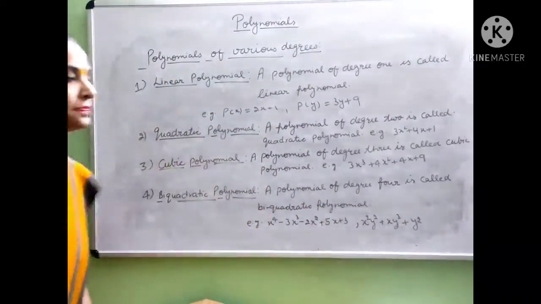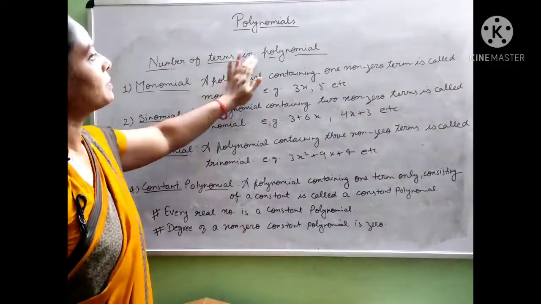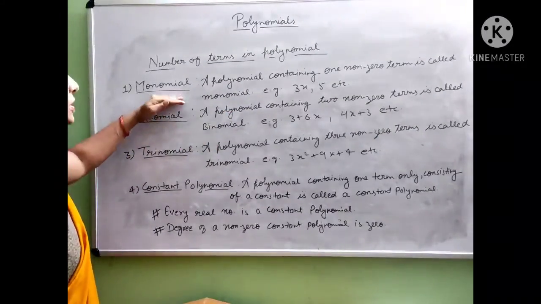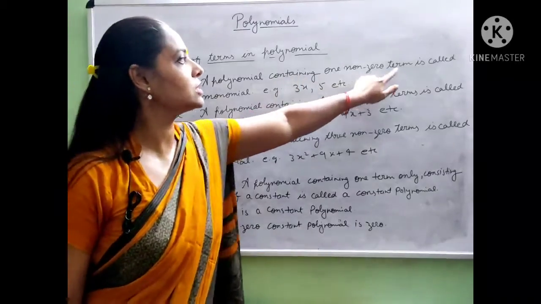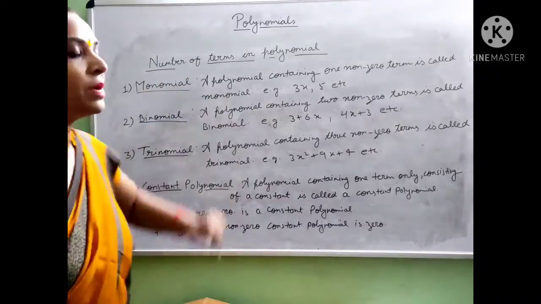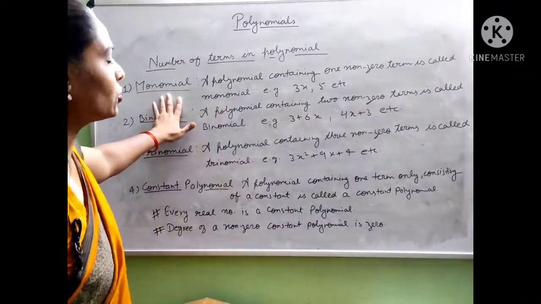Got it everyone? Now we have to learn the number of terms in a polynomial. First type of polynomial is monomial. A polynomial containing one non-zero term is called a monomial. That means if a polynomial has only one term, it is called a monomial.